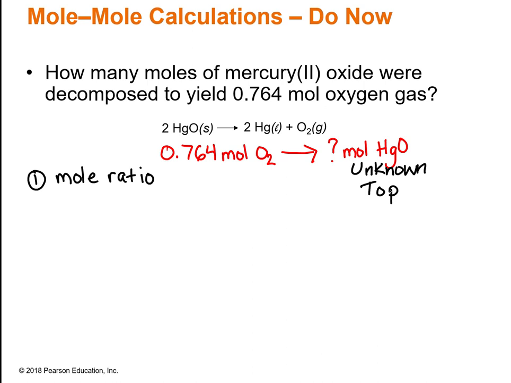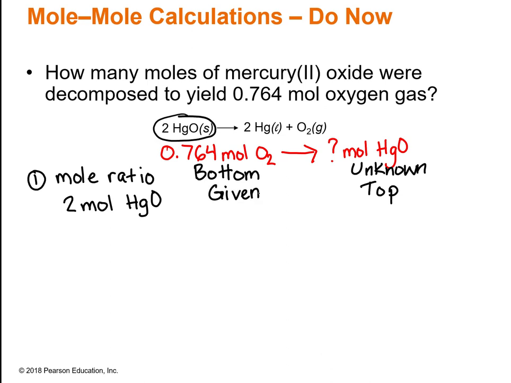So we're going to look to the equation and see how many moles of mercury 2 oxide there are. There's 2 moles, so that's what we write down for the top of our mole ratio. The bottom is going to have information about our given. We're given information about oxygen, so we're going to go to the balanced equation and write down the coefficient for the oxygen gas, and that's 1.